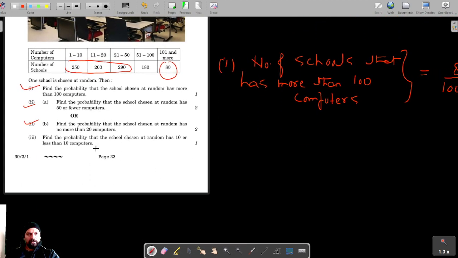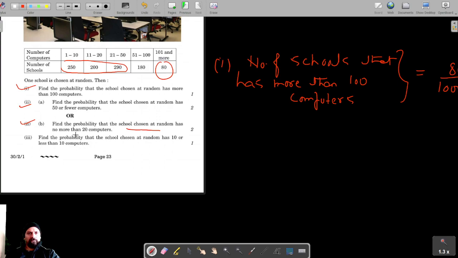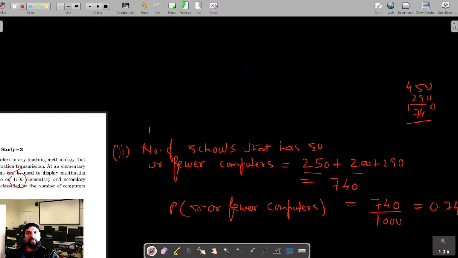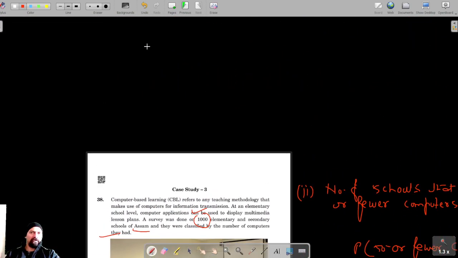Okay, now second part, find the probability that a school chosen at random has no more than 20 computers. No more than 20 computers means 20 or less than 20 computers.